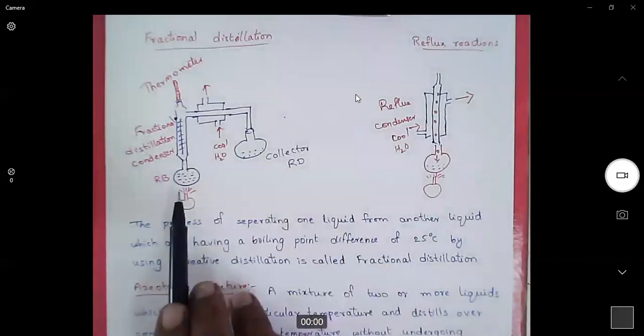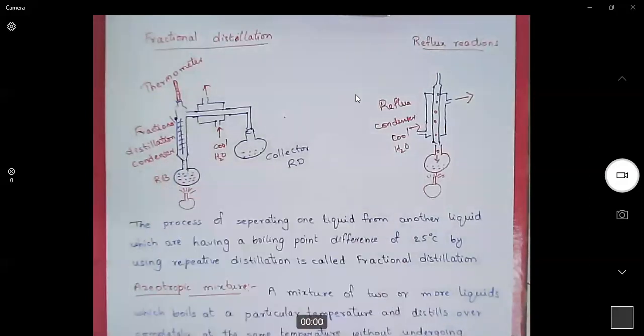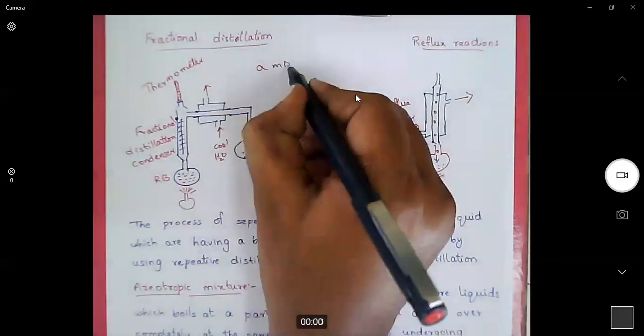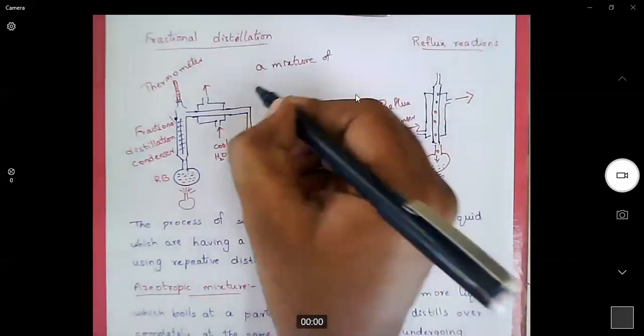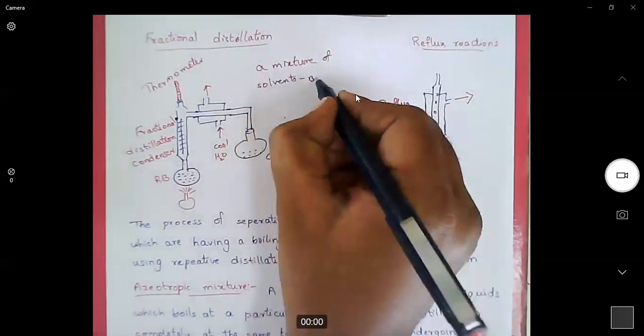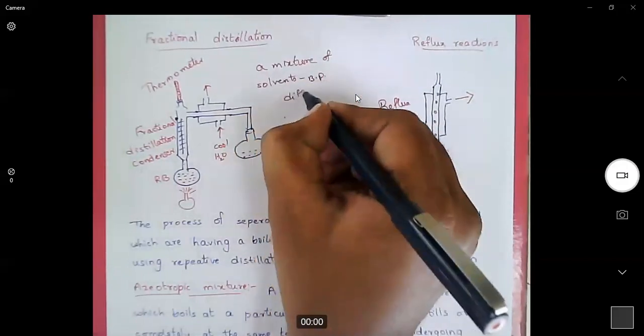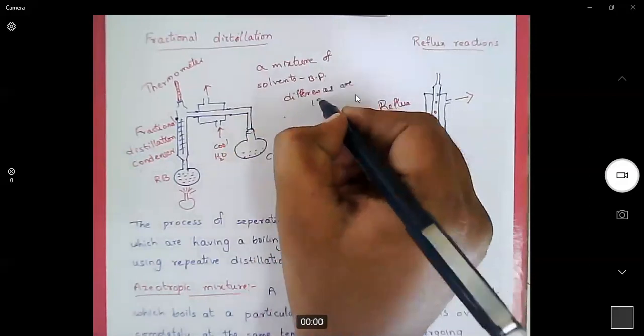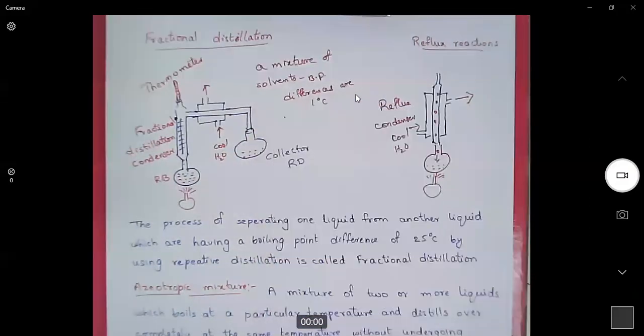In fractional distillation, in principle, we can separate a mixture of solvents whose boiling point differences are 1 degree centigrade. In principle, it is also possible if the boiling point difference is 1 degree centigrade, then also we can separate the mixture of solvents using fractional distillation.